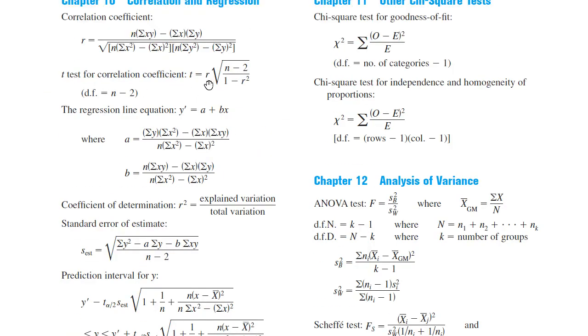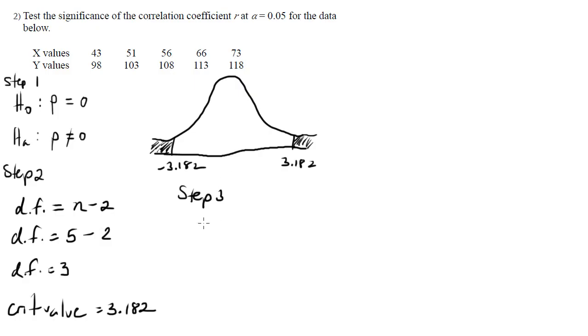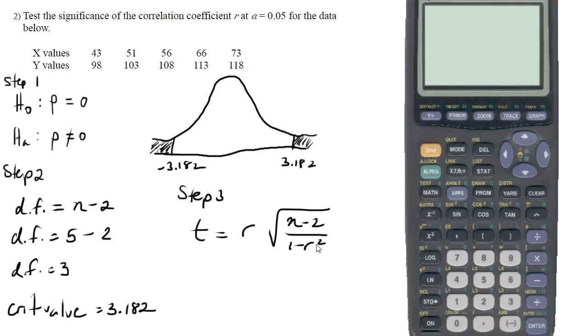The t-test: t equals r times the square root of n minus 2 over 1 minus r squared. Now, what does that mean? We need to find r. And we're not doing it like I showed in number 1. We're going to use the calculator for that, because I don't want to add that much to this problem.